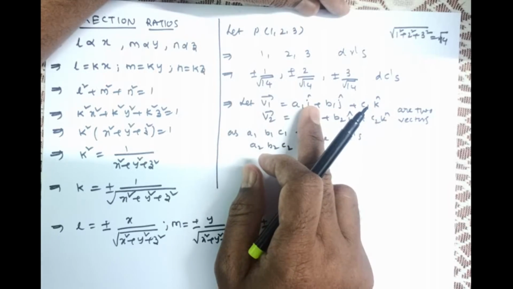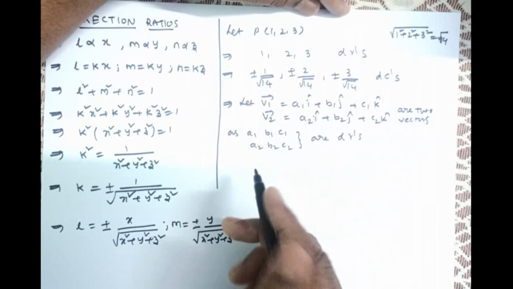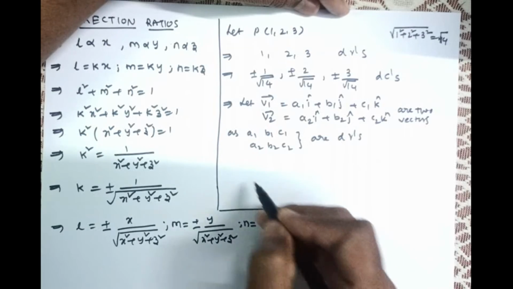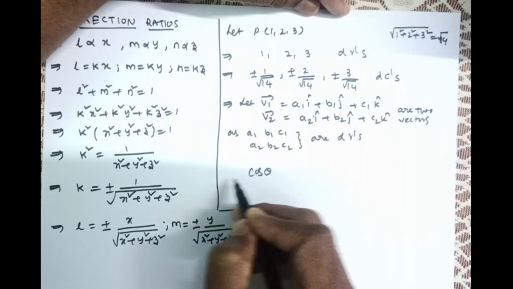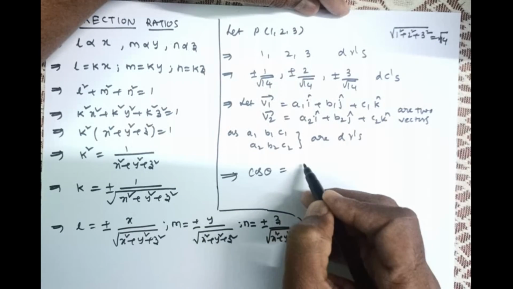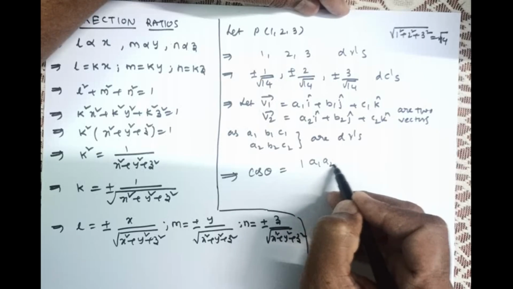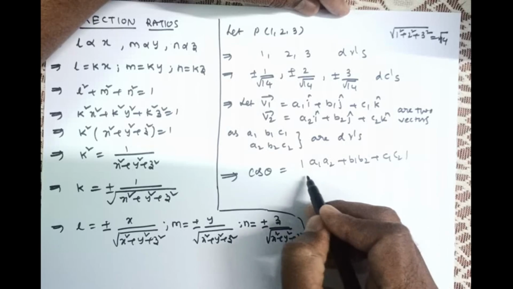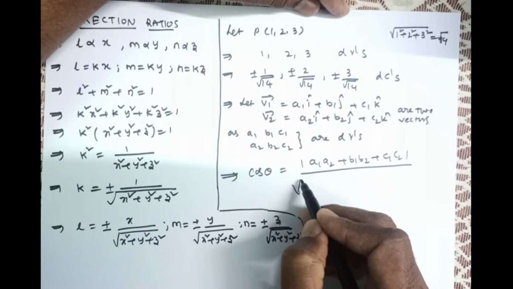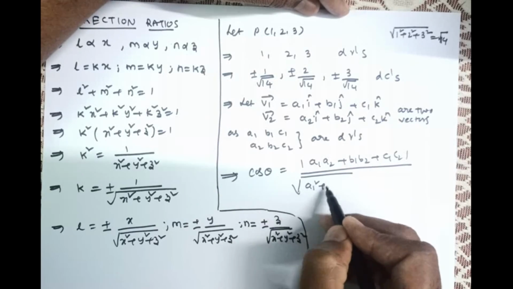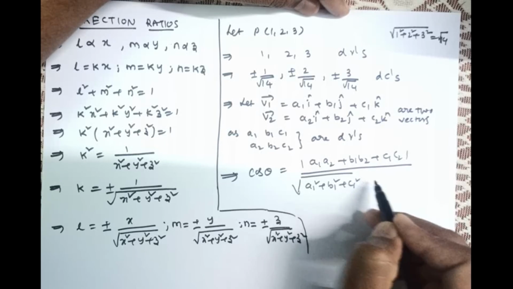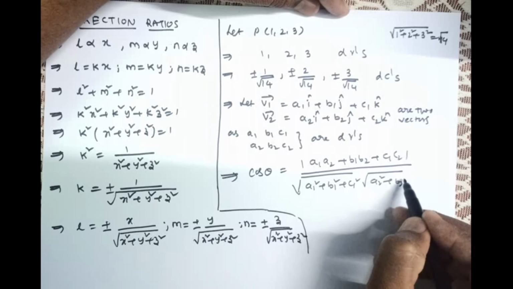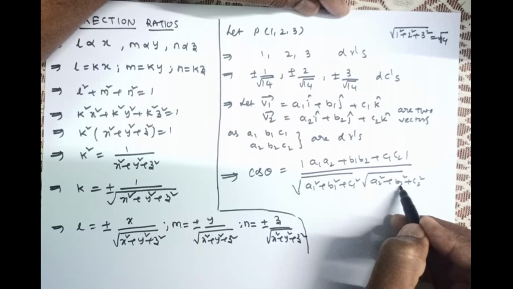In the previous case we took these as DCs. When these are the DRs, the angle between these two vectors has the formula cos theta is equal to the modulus of a1 a2 plus b1 b2 plus c1 c2 by root over a1 square plus b1 square plus c1 square times root over a2 square plus b2 square plus c2 square.